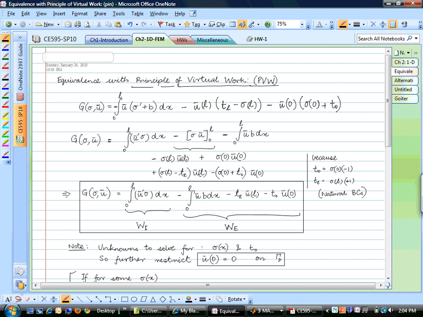So this is the exact same functional that we had before from weighted residuals. And if you look at these terms that came out from the boundary, these terms actually exactly cancel off with this term and this term and this cancel off.